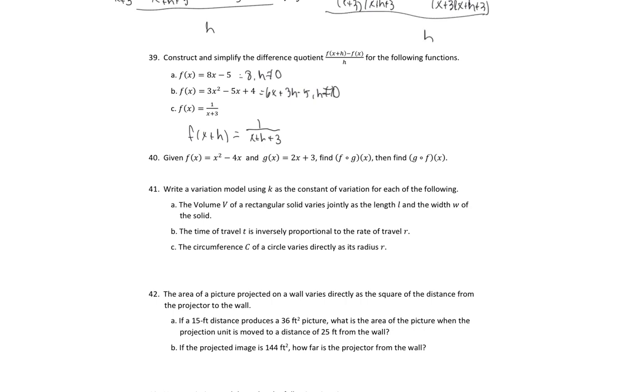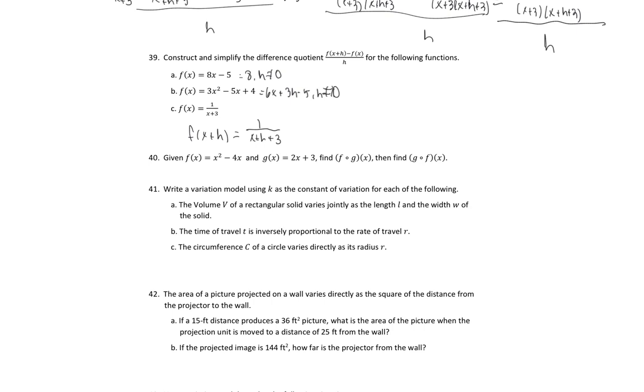Well, now I can subtract across, so x minus x cancels, and 3 minus 3 cancels. So what am I left with? I'm left with a negative h over x plus 3 times x plus h plus 3. And this whole thing is divided by another h.